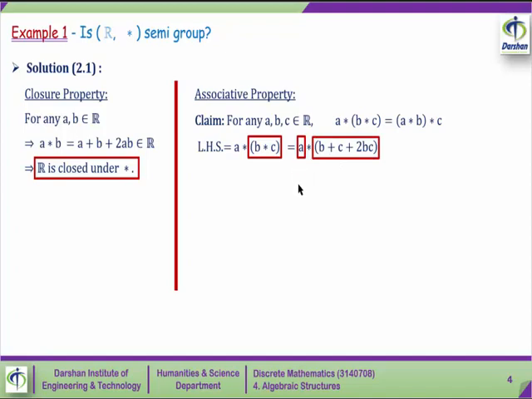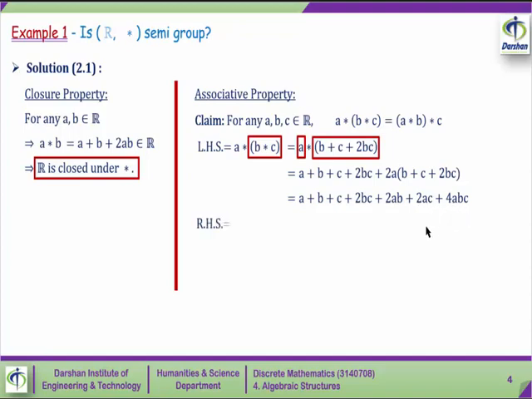So it is defined as first element plus second element plus 2 times first element into second element.